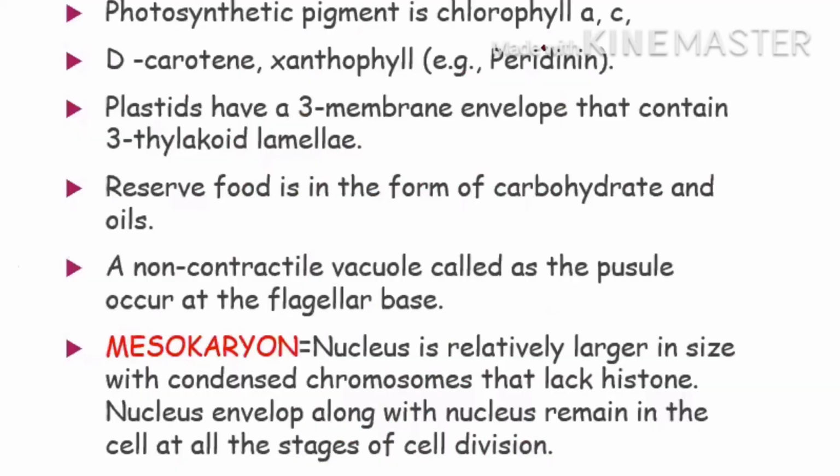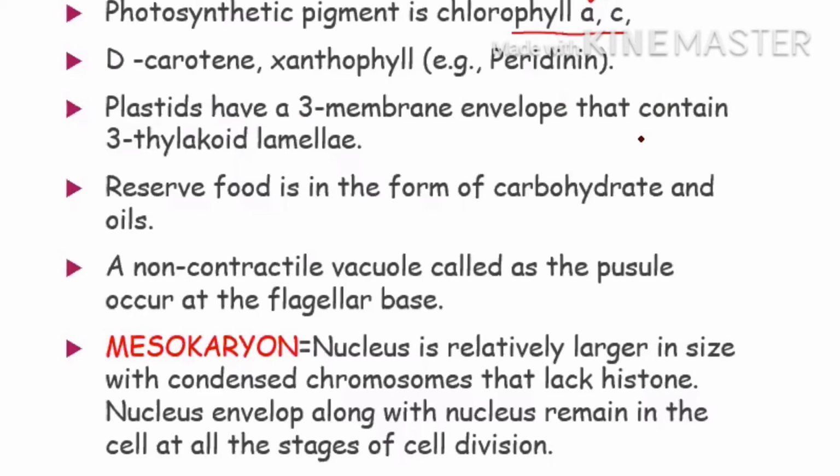Now, when we say they are photosynthetic protista, obviously they will have pigments also. So chlorophyll A and C are present. Please remember chlorophyll A and carotenoids are the two pigments universally present in all photosynthetic organisms, starting from Monera up to the higher ones.